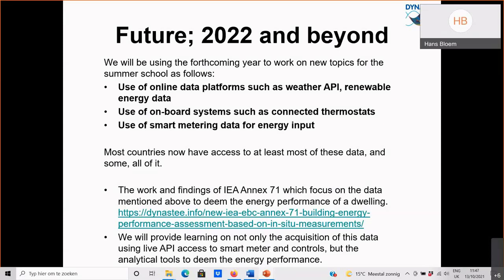Very soon, all the reports will become available, and you will find a lot of interesting information there. There is also information available from the previous Annex 58, where we have a number of reports available on dynamic analysis. So I invite you to have a look at the Dynastee.info website, or at the IEA Annex 58 or 71.